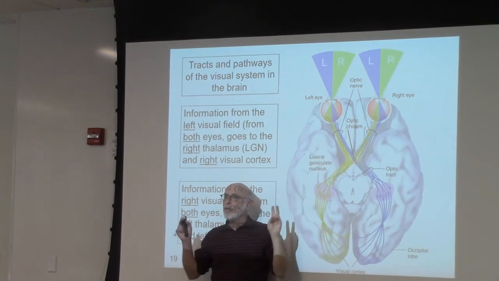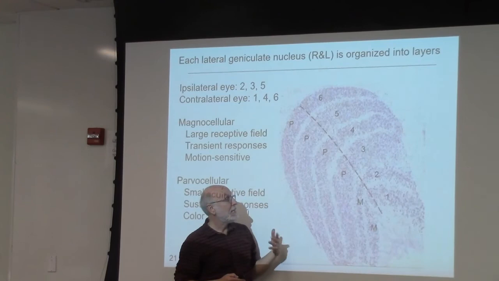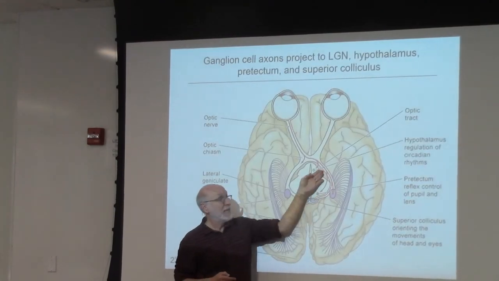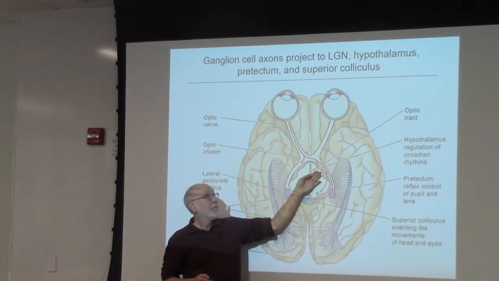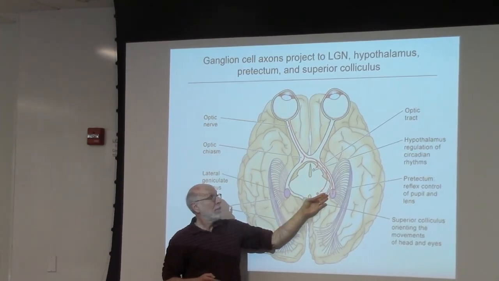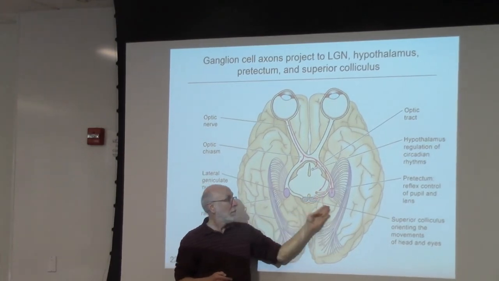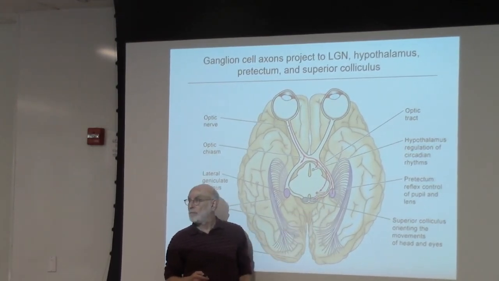We do not use them for vision, but we use them for processing of light information to do things like circadian rhythm, reflex controls of pupil and focus, movement of head and eye.